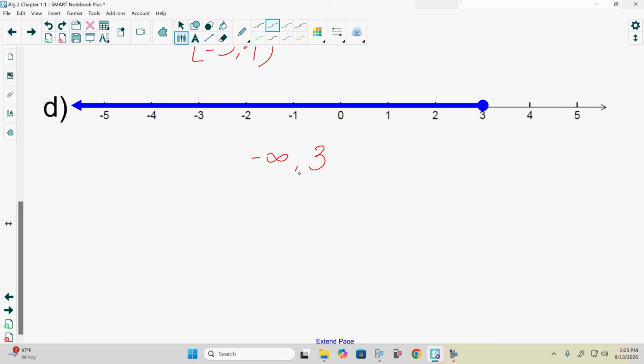So we would have negative infinity, comma 3. Would negative infinity have a parentheses or a bracket? Parentheses. Would it ever have a bracket? No. Infinity and negative infinity will always have a parentheses. The 3, is it included? So it would be a bracket. Interval notation.